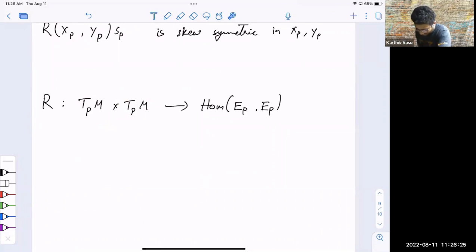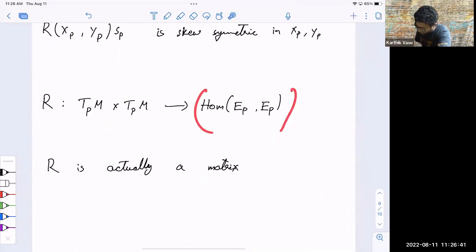So basically R is actually a matrix. You'll have matrix valued things, and each of them, when you flip x and y, will give you a negative sign.